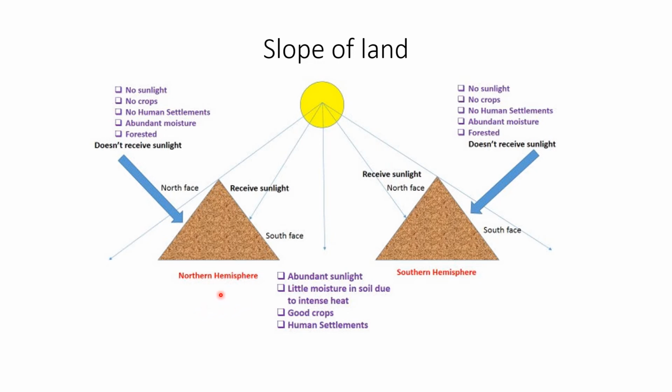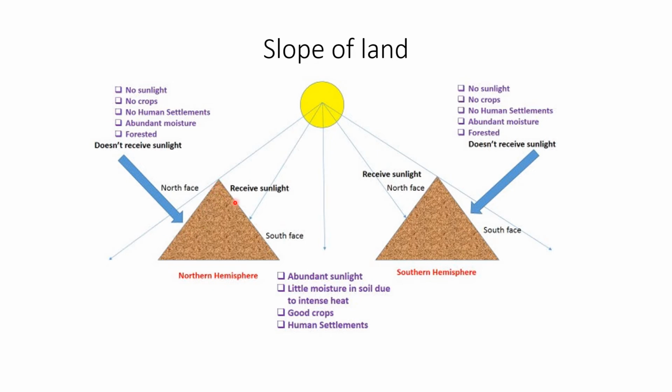As you can see, this is a mountain in the northern hemisphere and this is a mountain in the southern hemisphere. In the northern hemisphere, the south-facing slopes of the mountains receive more insolation than the north-facing slopes.